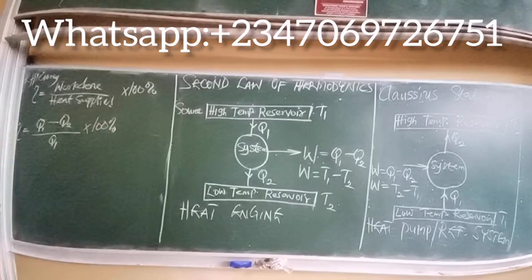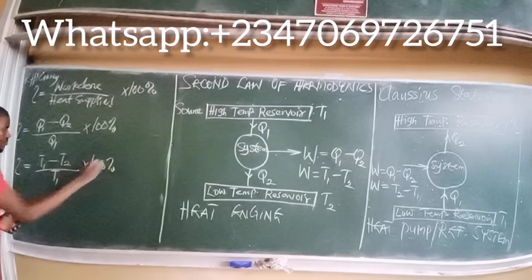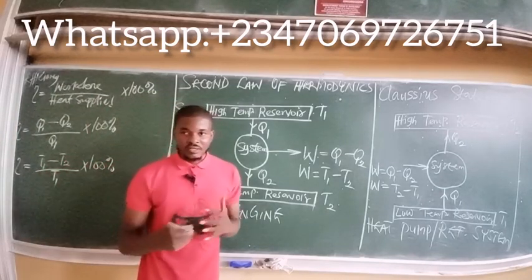This is the efficiency for a heat engine. We can also write this in terms of temperature, still the same thing: work done is simply T1 minus T2, all over the initial or inlet temperature T1, multiplied by 100%.